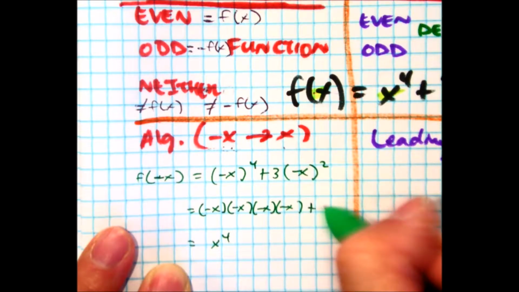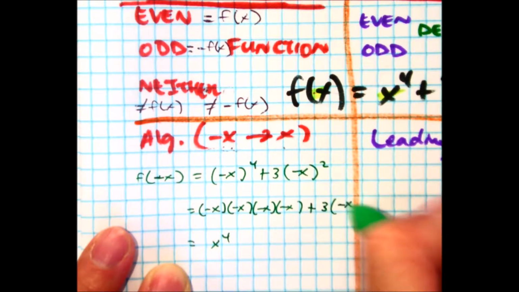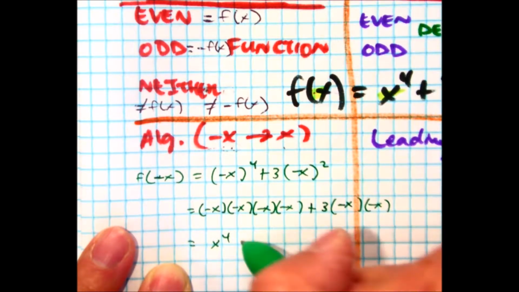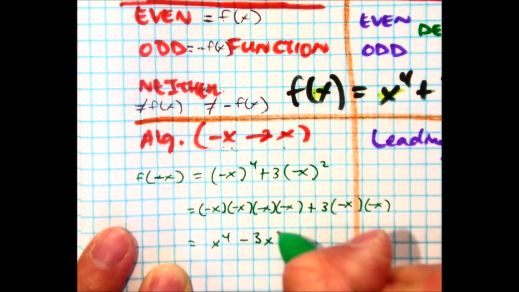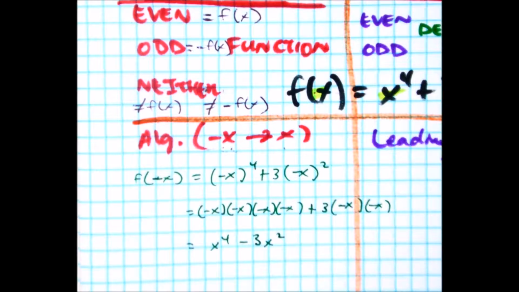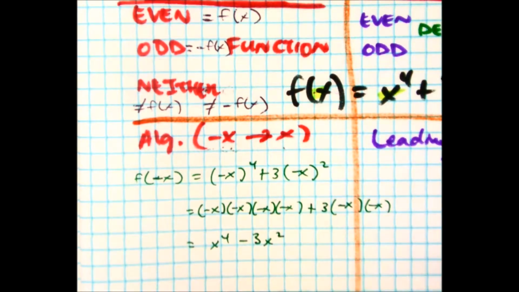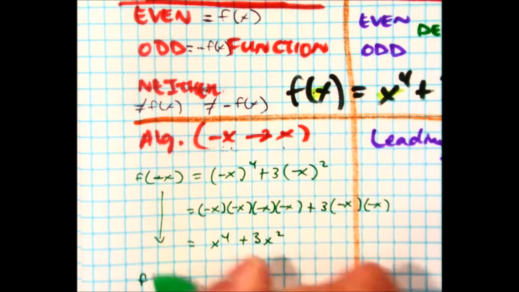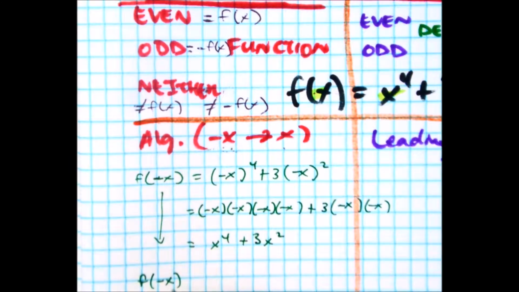This one over here, same thing, negative x times negative x. This will become a negative, so I get negative 3x squared. Negative times negative is a positive. Positive 3x squared. Raise your hand if you got that. Now if I look at this problem, every time I see x, I put in a negative, and I get the original function.